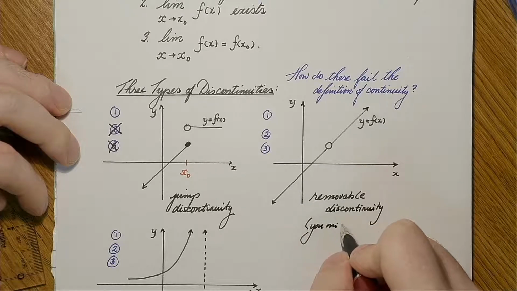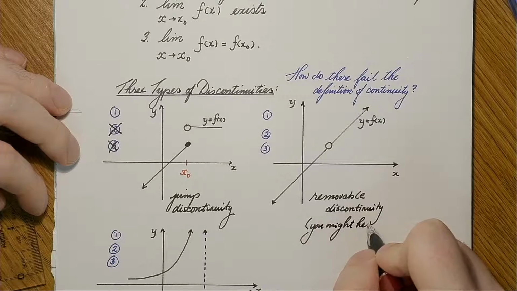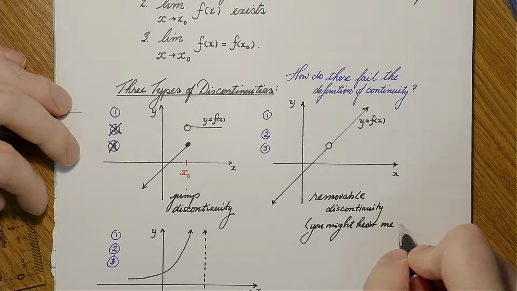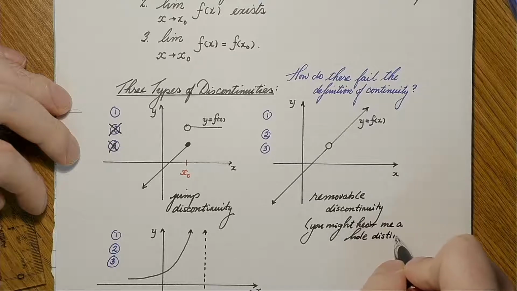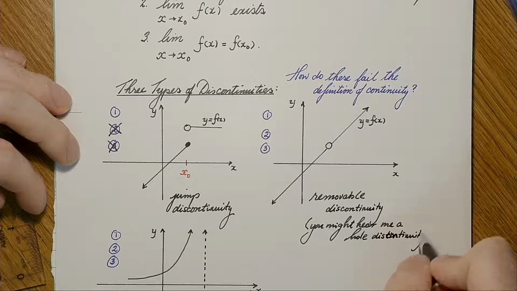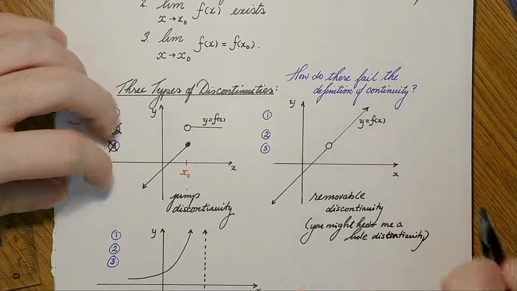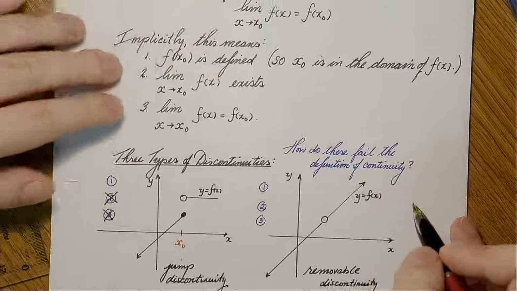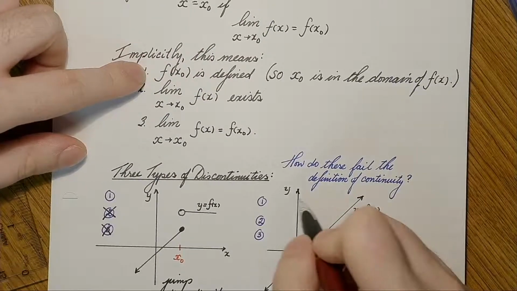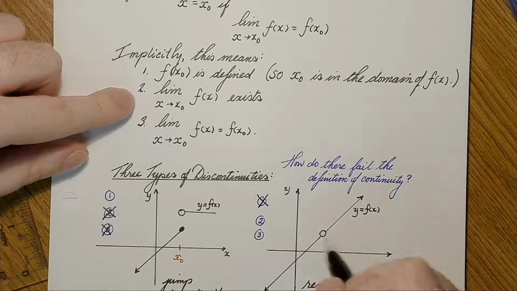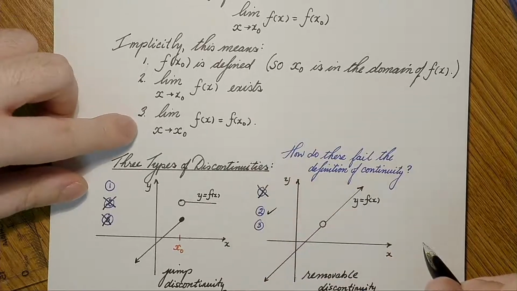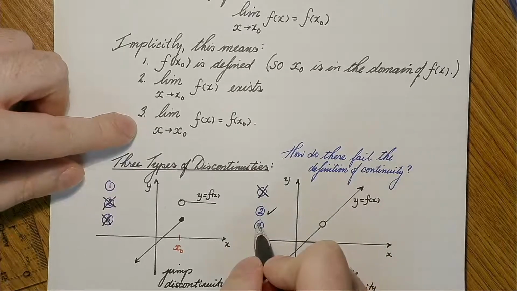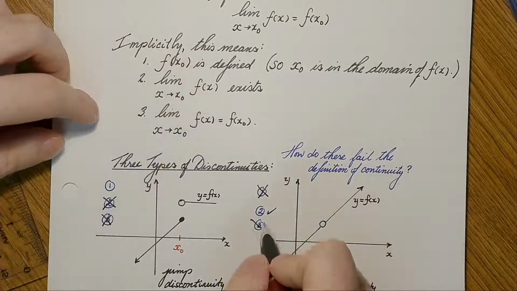You might hear me say a hole discontinuity, for the obvious reason. Again, it's a hole. And, oh yes, okay, so it's not defined here, so it fails 1. The limit does exist, as it goes from the left and the right-hand side. And it fails 3 because x naught doesn't exist, so that fails.